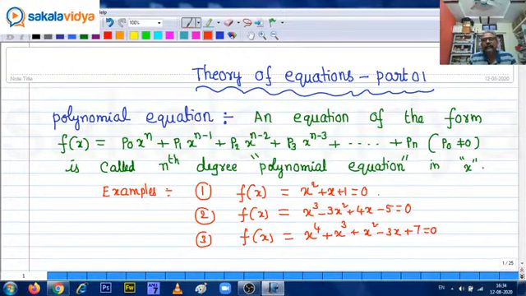This is a quadratic equation, this is a cubic equation, this is a biquadratic equation. This is called quadratic. This is said to be cubic. This is called biquadratic.